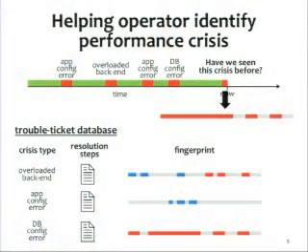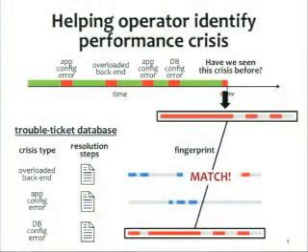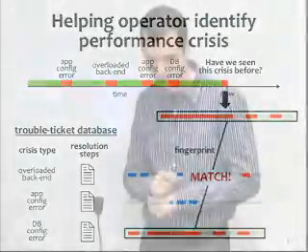Even in that case, this helps the operator because he doesn't have to manually go over all the past problems and try to find the one that's similar. So what we do is we create a fingerprint of the current problem and we compare it to all the past fingerprints in our database. And if we find one that matches, this is our answer, and this is what we tell the operator. So this is the overview of our technique.